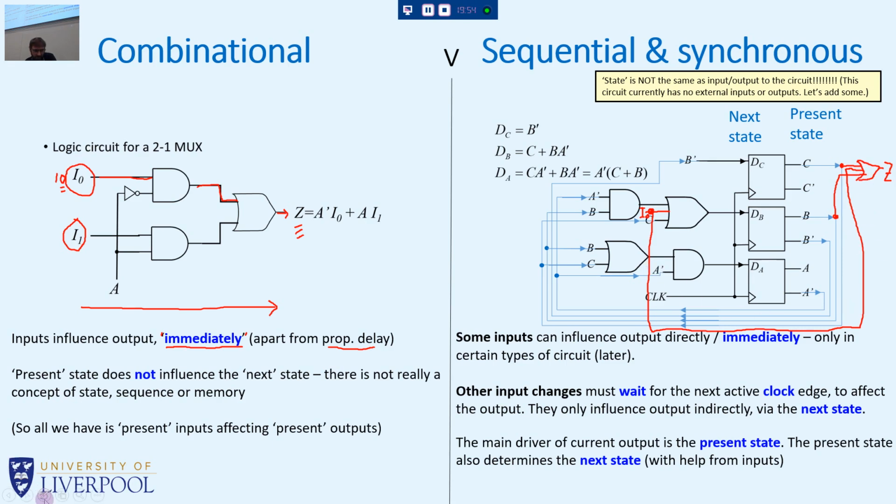Okay, so all I was saying before is that if these two are 0, then the OR gate's going to output 0, but if we change I0 to 1, then it's going to have an immediate effect without waiting for the next tick of the clock, which in a digital logic perspective, the next tick of the clock might only be 5 nanoseconds away, but in digital logic, that could be a long time. Okay, so rather than waiting for that, if this is directly connected to the output, then this signal can have an immediate or semi-immediate effect, yeah.